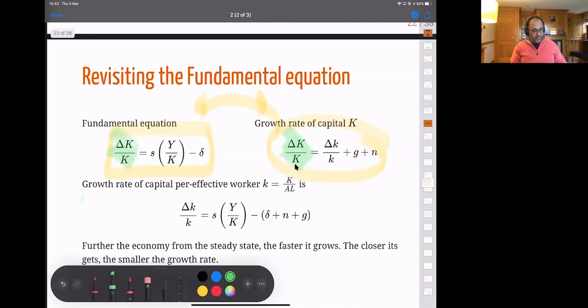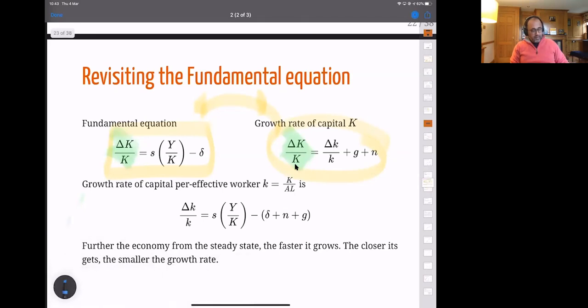So that means the right-hand side should be equal, right? So if you take the right-hand side of the fundamental equation and take the right-hand side of the growth rate of capital K and equate it, this is what you get.